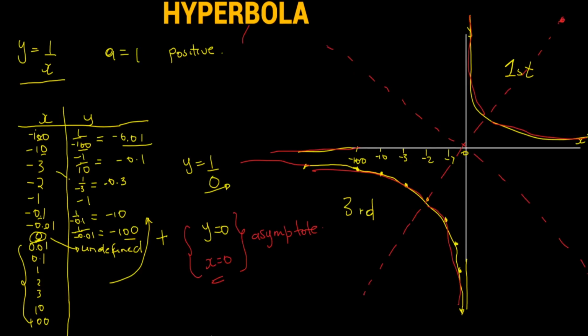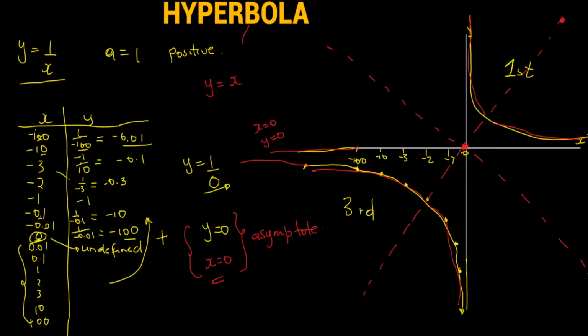So you can see that this line touches here at x is equal to 0 and y is equal to 0. What do we know about the equation of a line that touches at x is equal to 0 and y equal to 0? We know that it is y equal to x, right? The gradient is 1 if the graph touches 0 and 0.